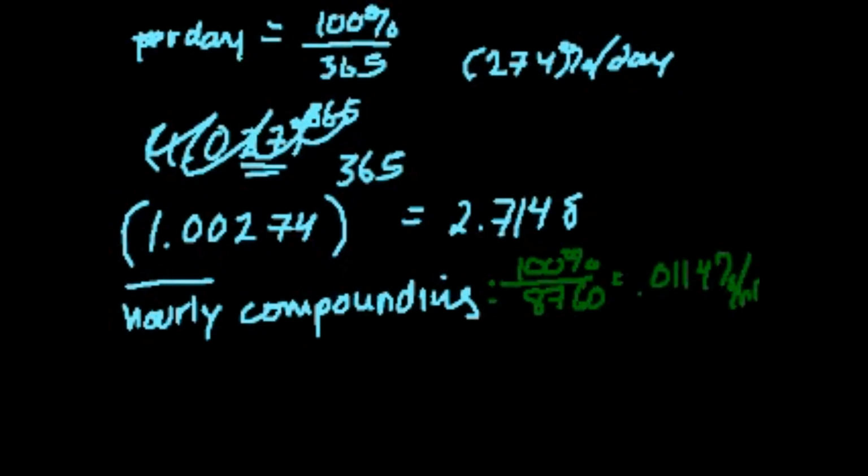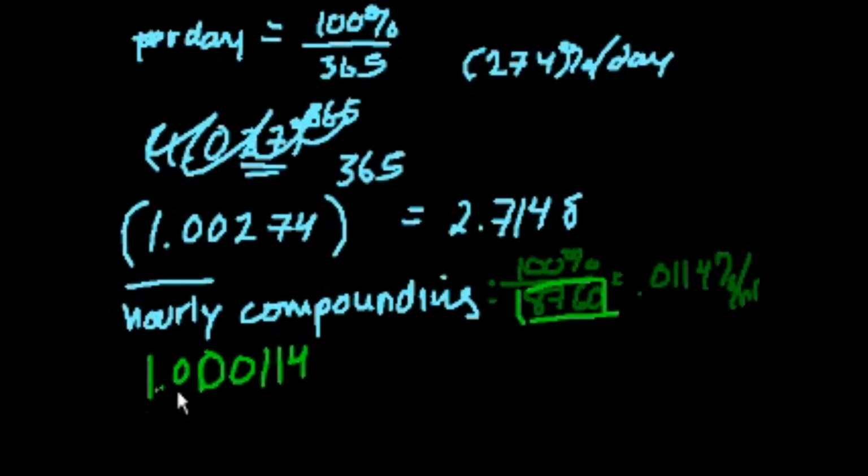So over a year, I would take it to this power, right? So let's say after 1 hour, you'll owe me 1.0001, sorry, it's 0.01%. So it's 0.0114. That's how much you're going to owe me after 1 hour, $1 plus a very small fraction of a cent.